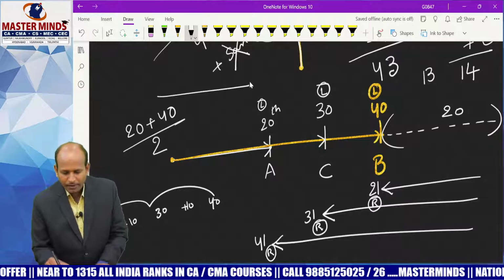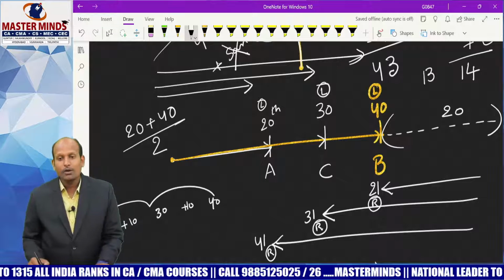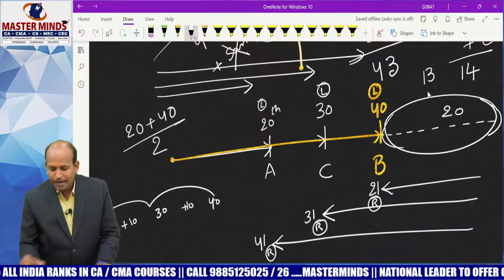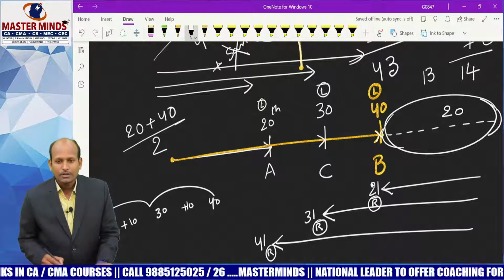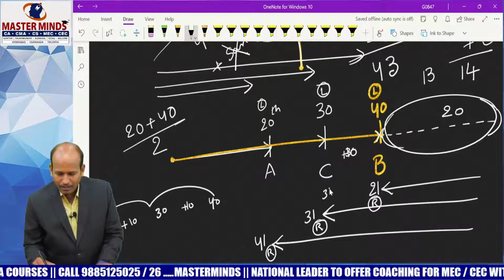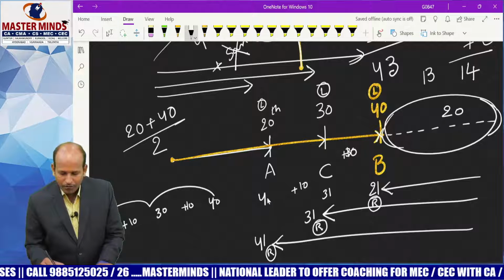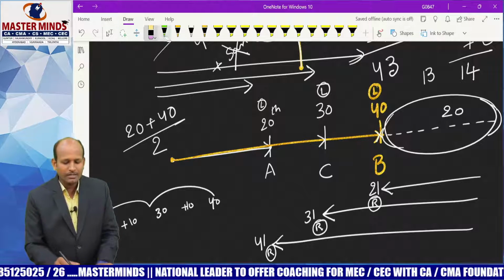If you are counting from the left, it is 20, 30, 40. If you are counting from the right, we already have 20 extra. Now with B included, B is 21. Then 21 plus 10 is 31, and 31 plus 10, 41 is A. So these are all the right side ranks of these people.